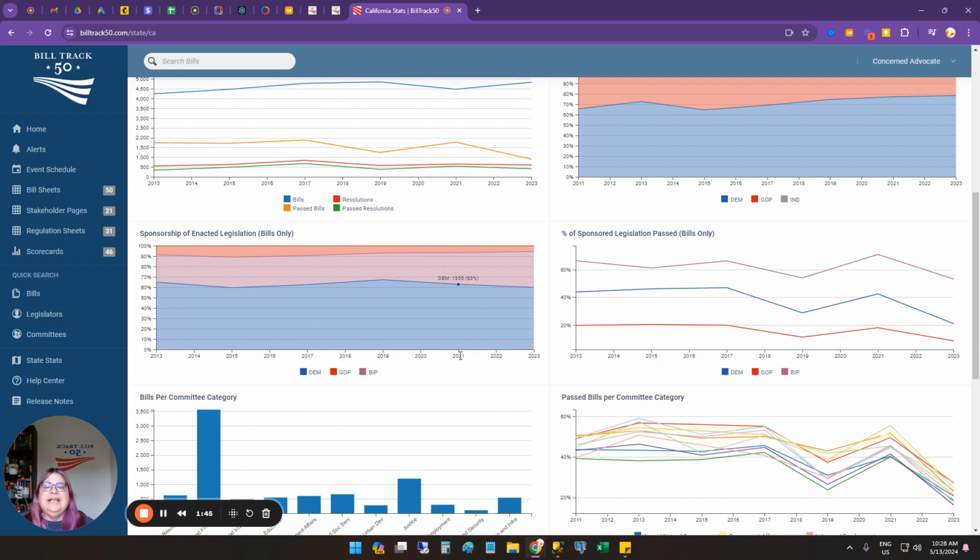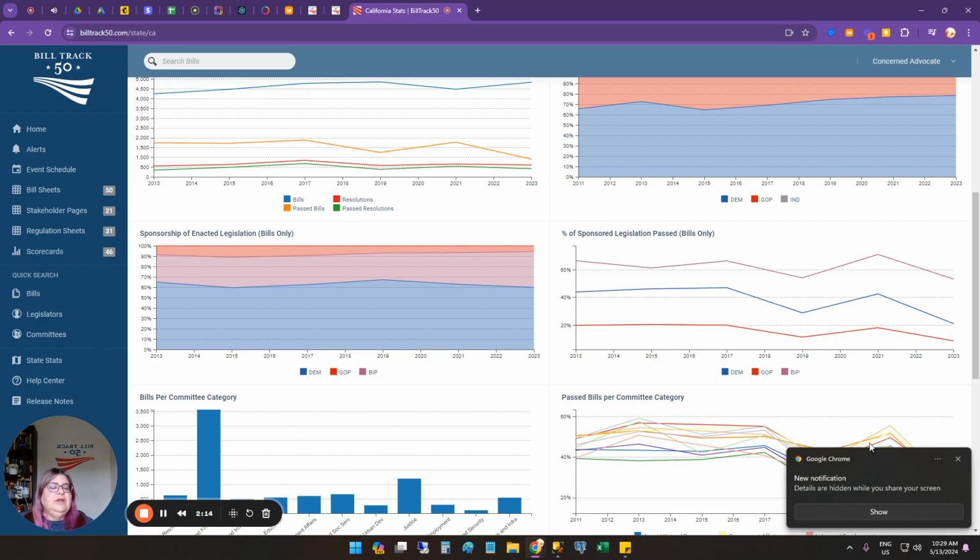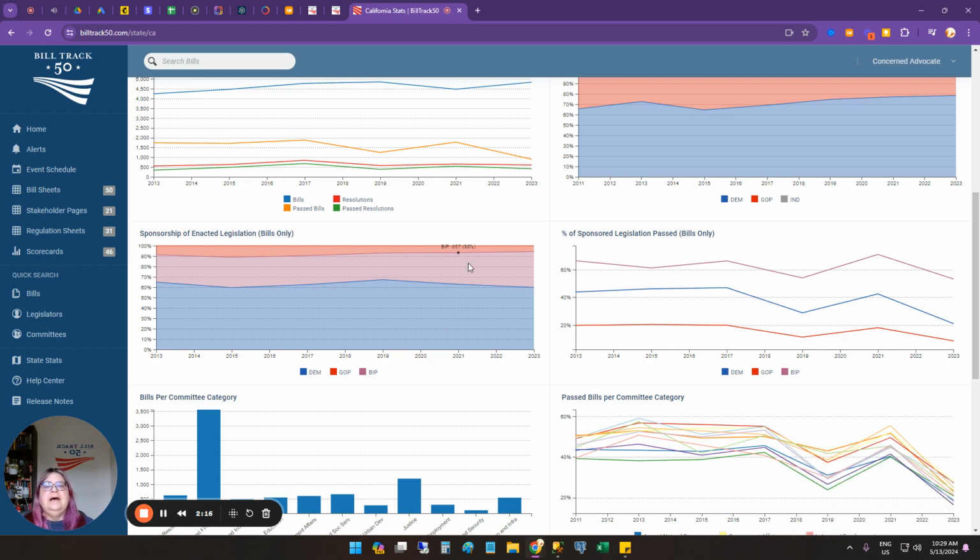So again, looking at 2021, we had 1,355 bills that were introduced by Democrats that were passed, which is 63% of the bills that year that were passed. 30% of the bills, 657, that were passed in 2021 were bipartisan, and only 7% of the bills that were passed were introduced by Republicans only. That's 143 bills. So that just kind of lets you know how the breakdown looks.